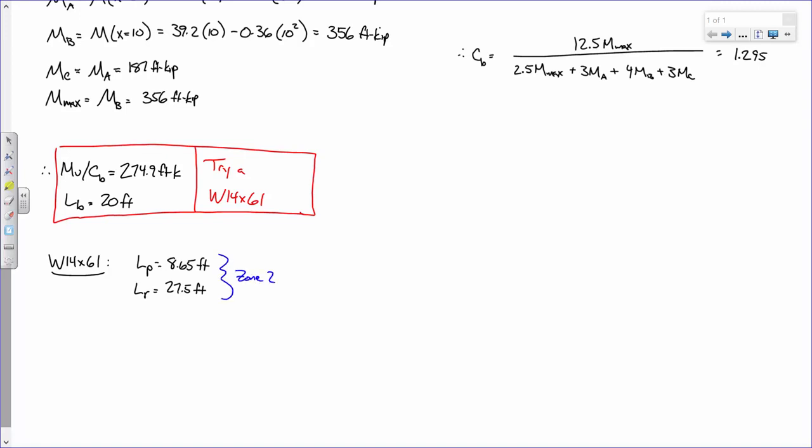So if we're in zone 2, I'm going to need BP and I'm going to need BF. BP is 383. 383 foot kips? Yeah. What about the beam factor? 7.48. That's kips.